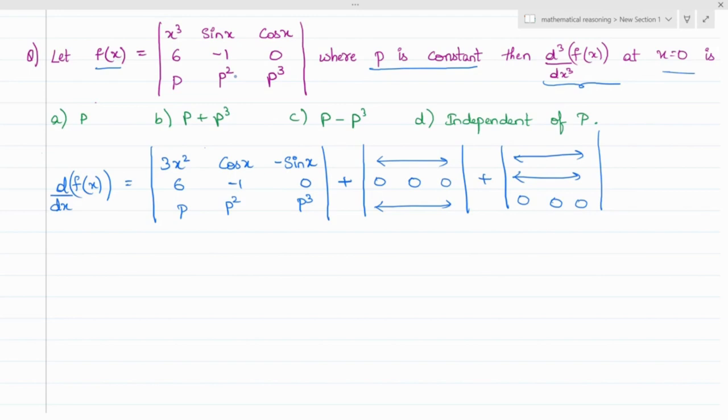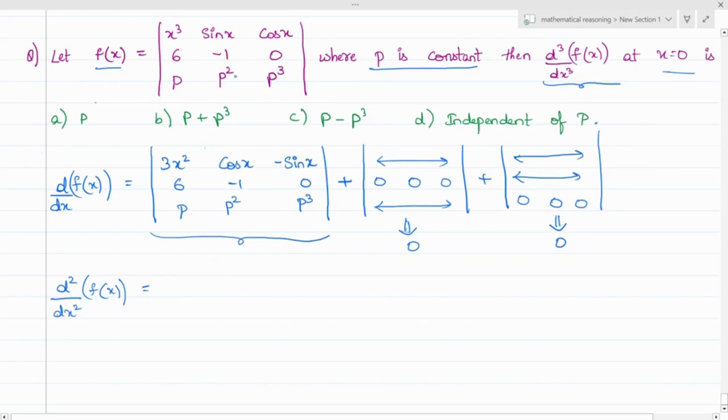So again, this is the property: if any row or column is 0, then the determinant is going to be 0. So this determinant is 0. This determinant is also 0. Now we need to calculate the double derivative of f(x). So from here only we'll consider it. Now we need to consider this determinant. So differentiate the first row and the remaining two rows will remain as they are.